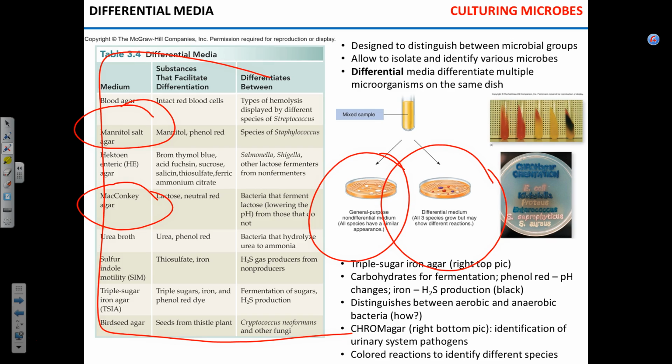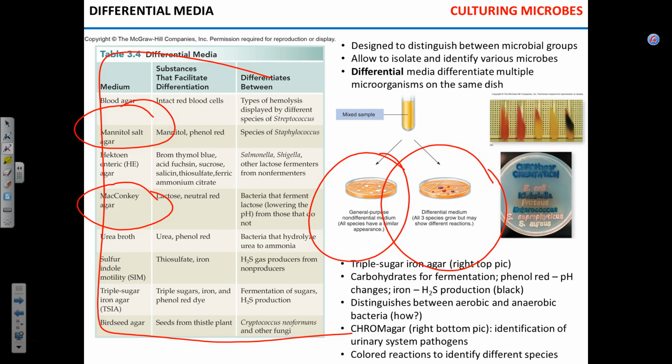When you put your sample on MacConkey agar, the only species that you're going to get to grow are gram-negative enterics. It can be Salmonella, it can be Enterobacter, it can be E. coli, it can be Enterococcus. A bunch of them, okay? They will grow. So that was a selective component, only gram-negative enterics.